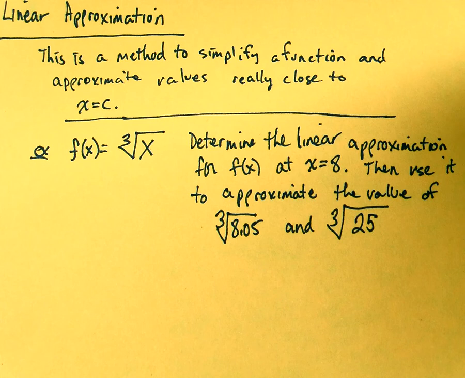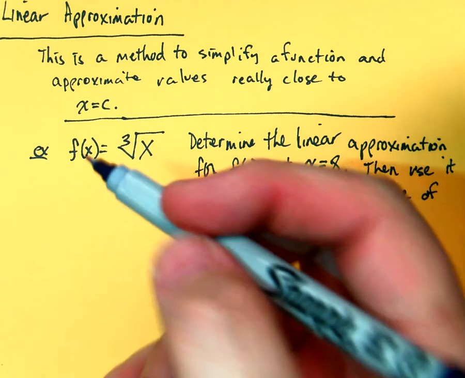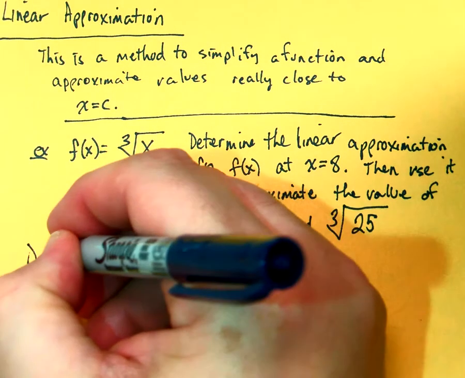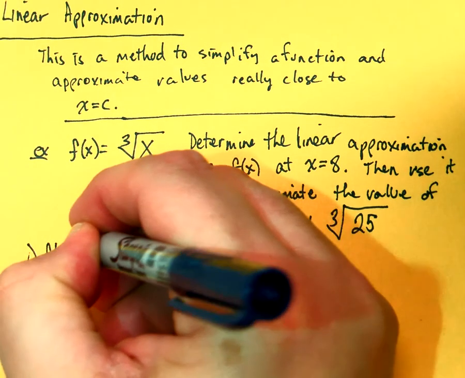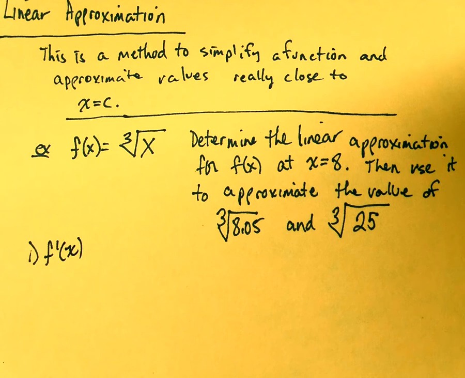Alright, like I said before, this is a step-by-step process. You follow step 1 to step 2 to step 3 to step 4 to step 5 to step 6. Well, there aren't 6, but there's 4. Alright, first thing you do, find f prime of x.